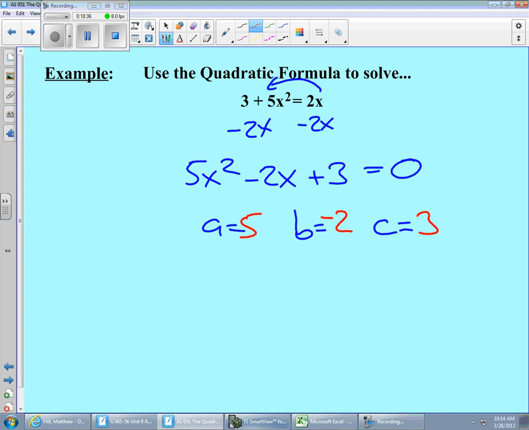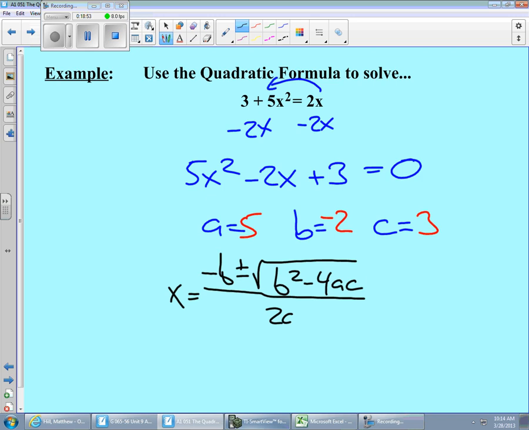So this would be where we go to our formula chart or to our notes or whatever, and we get our quadratic formula and bring it to the paper. X equals big fraction, negative b plus or minus the square root of b squared minus 4ac all divided by 2a. And then we just plug in our numbers.